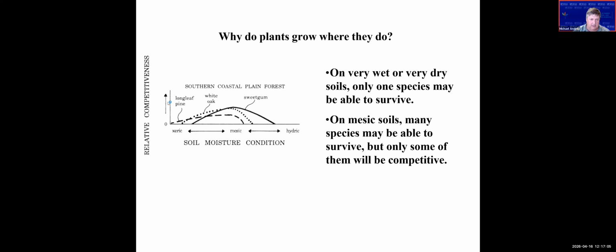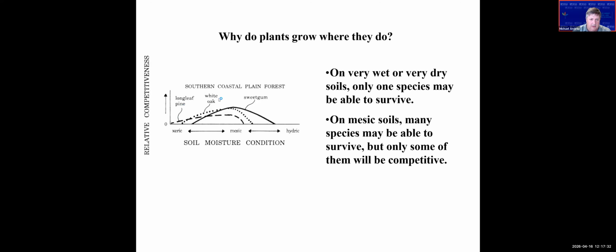The y-axis is just relative competitiveness; there's no real measure there. Three different species are displayed here, and one of them is longleaf pine. We just talked about that, and it's a species that tends to like those well-drained sites. We think of them as more on well-drained, steep, sandy soils.